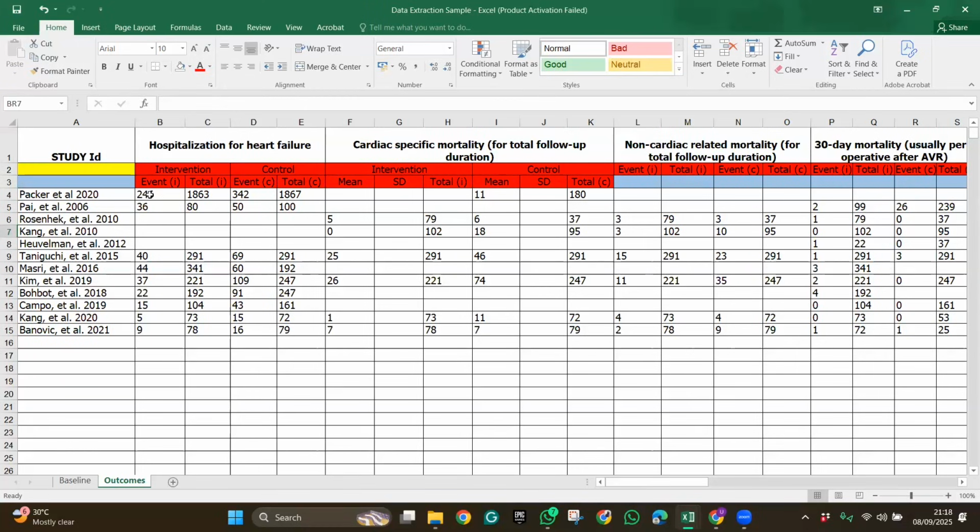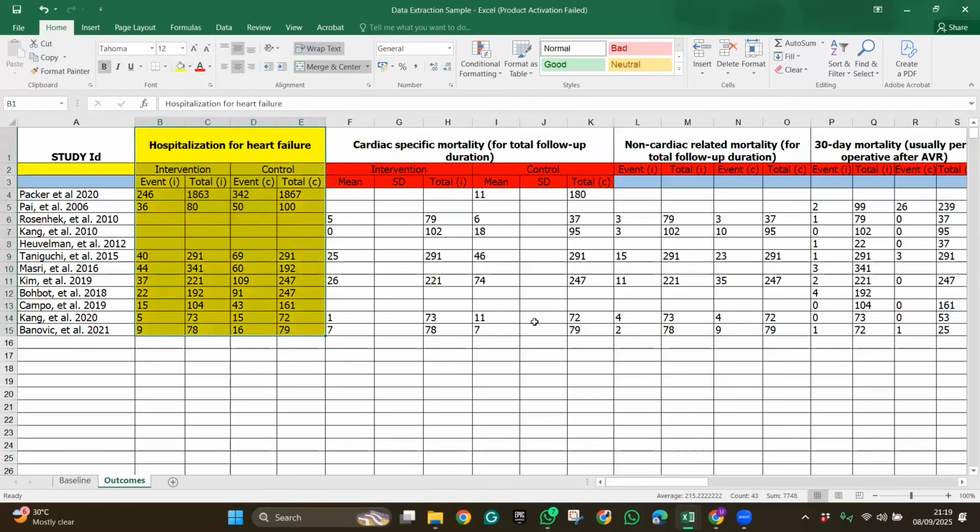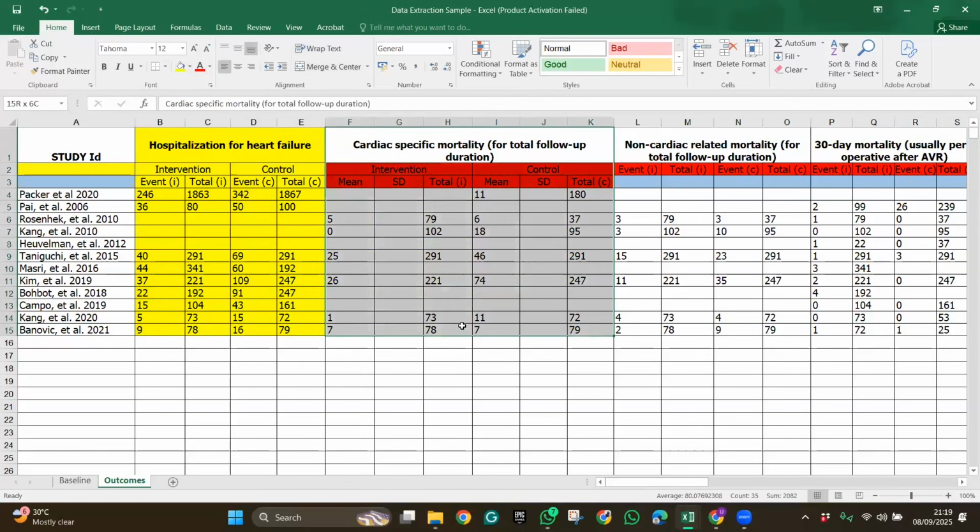For example, if this particular outcome was reported in more than 3 studies, you can highlight it as yellow. If this outcome was not reported in at least 3 studies, don't highlight it. So it will be easier for the person doing analysis to decide which outcomes to analyze, right? Your job is to extract all the data. Okay.